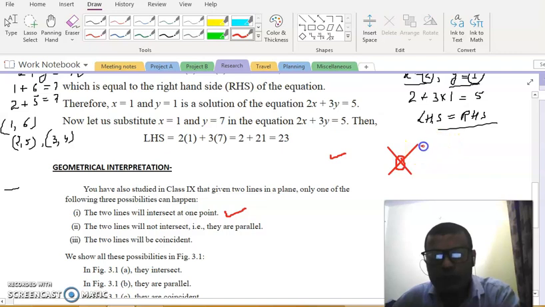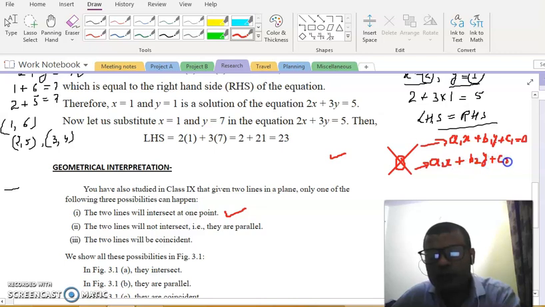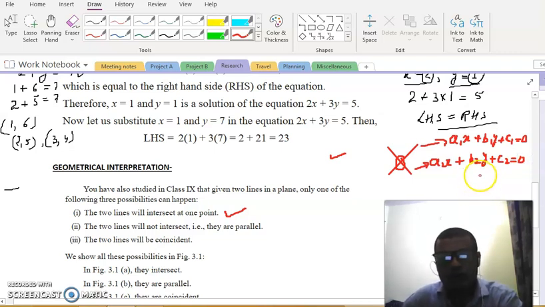Suppose the equation of this line is a1x + b1y + c1 = 0, and the equation of the other line is a2x + b2y + c2 = 0.